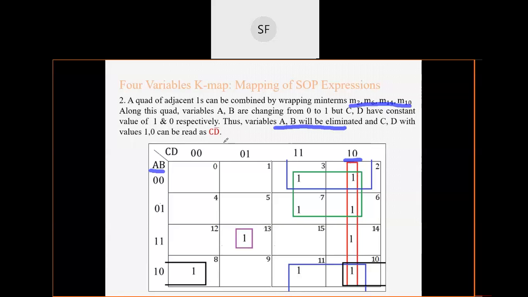C is 1, so we have written the uncomplemented form, and D is 0, so we have written the complemented form. So this is the term associated with this red rectangle.